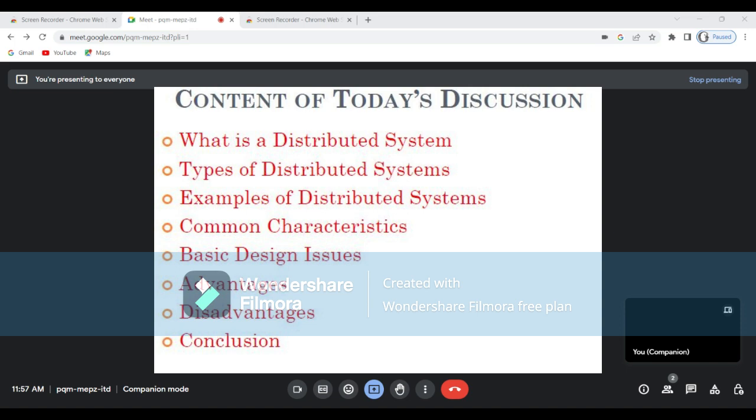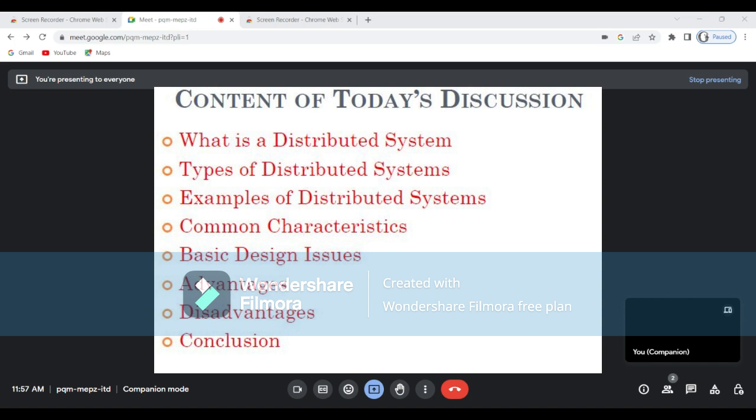There are different types of distributed systems available. In general, we can categorize them into three types. The first is the distributed computing system, the second is the distributed information system, and the third is the distributed pervasive system. The name differs, and so the usefulness of that particular type also differs.